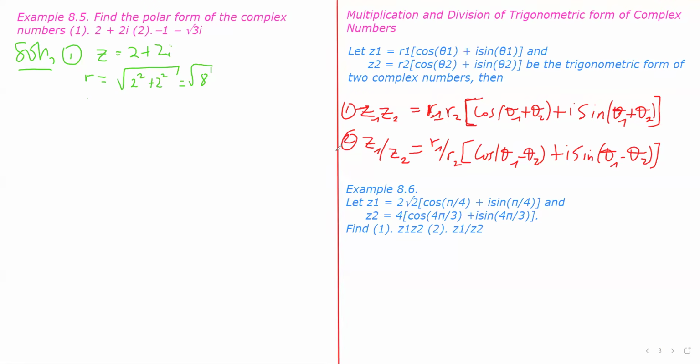And the angle it makes, we said, is tan inverse of y over x. And this is tan inverse of 1, which is pi over 4.